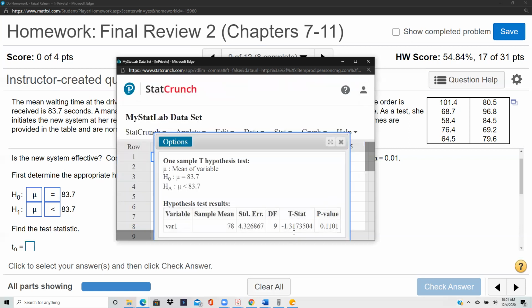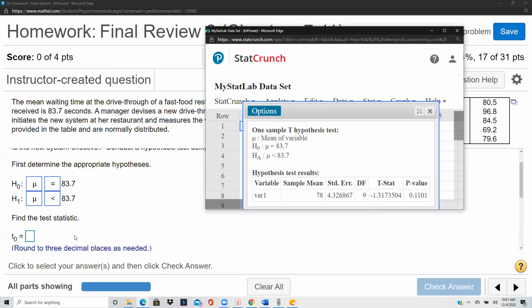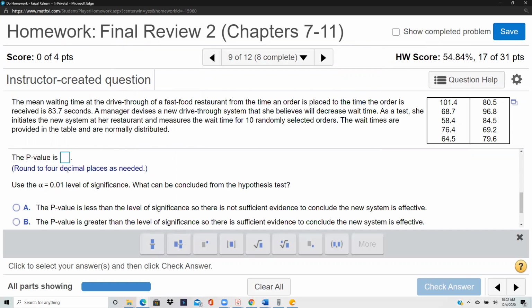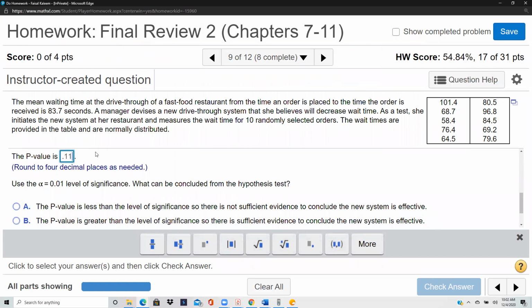The p-value is 0.11, but they're asking for the test statistic, which is negative 1.317, and the p-value was 0.1101.